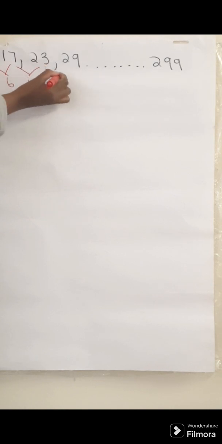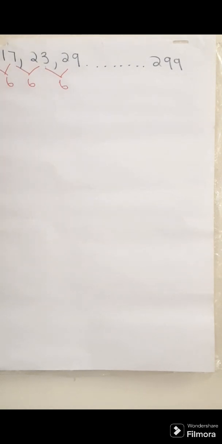So here, term 2 minus term 1 will give you 6. Term 3 minus term 2 will also give you 6. Term 4 minus term 3 will also give you 6. So this is how you will know that this question is linear, when the first difference is constant.